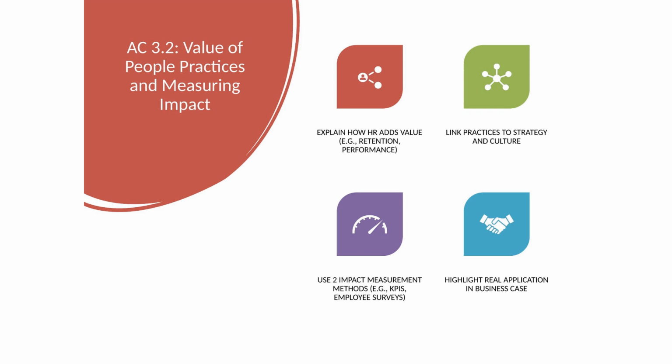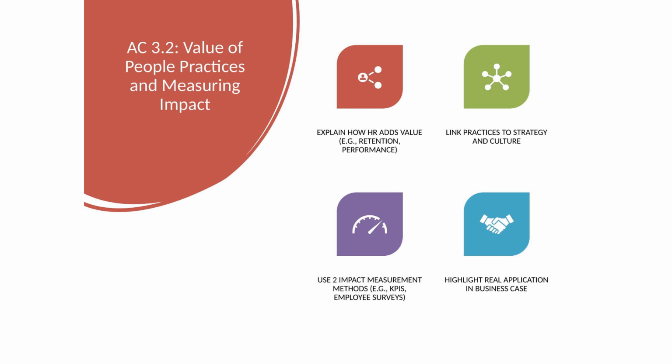To address AC 3.2, define how people practices contribute value, e.g., by boosting engagement, reducing turnover, or improving productivity. Link HR practices to business outcomes and values. For measurement, use key performance indicators, e.g., attrition rate after onboarding programs, and employee engagement surveys.